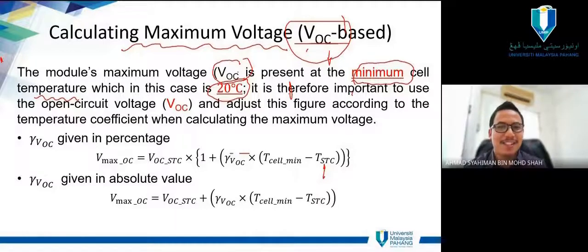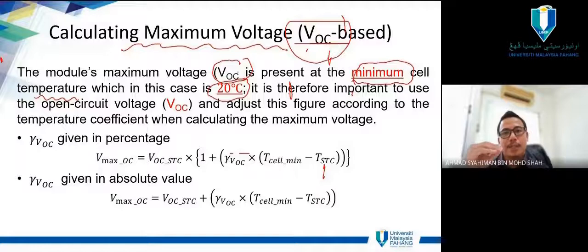If you still remember, before this, the performance of the PV module, or PV panel, will depend on two factors. One is the solar irradiance. If the solar irradiance is higher, the current will be higher while the voltage slightly increases. The second factor is the temperature, which works in the opposite way.